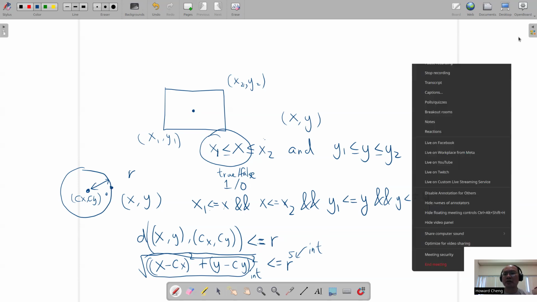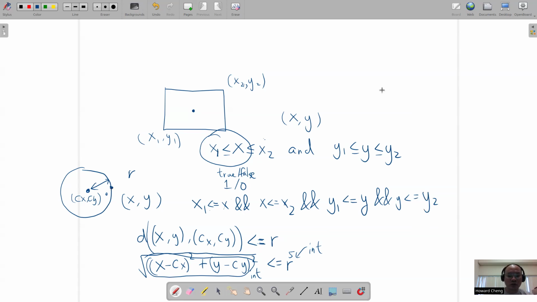Okay. So what we want to do is avoid floating point numbers by squaring both sides. So instead, we will compute the distance squared has to be less than or equal to r squared. Now, we have to worry a little bit, perhaps, because when we square numbers, things are going to get bigger. So are we going to have to worry about overflow?